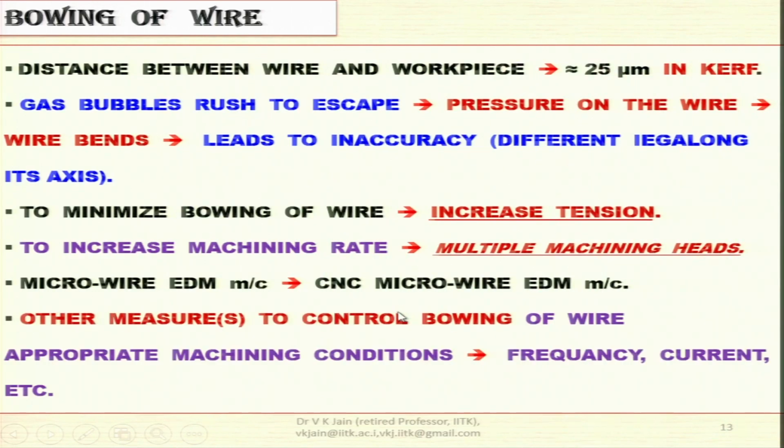They are available in the market. Other measures to control bowing of the wire: you should have appropriate machining conditions, specifically the frequency, current, etc.